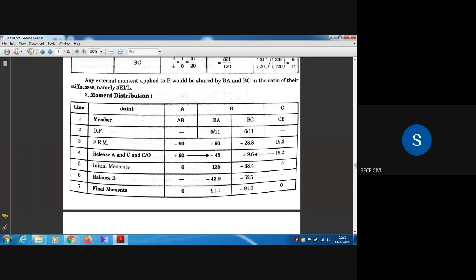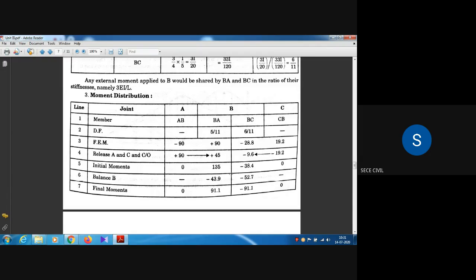That is the difference between these two members, BA and BC. The difference is 96.6, is it correct, Mona Priya? 96.6, sir. So 96.6 is the difference between the moment at BA and the moment at BC.